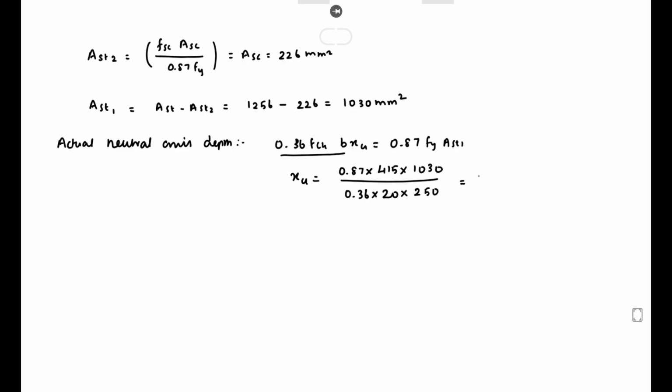Solving this we get the value of 206.6 mm. That is less than Xu limit, which is 240 mm. So we can consider this section as under-reinforced.